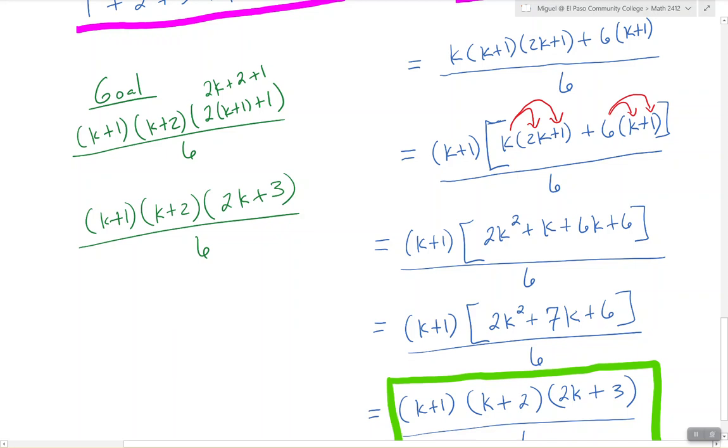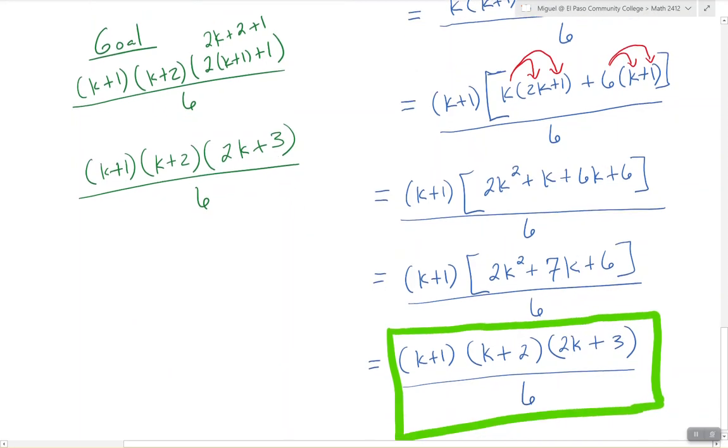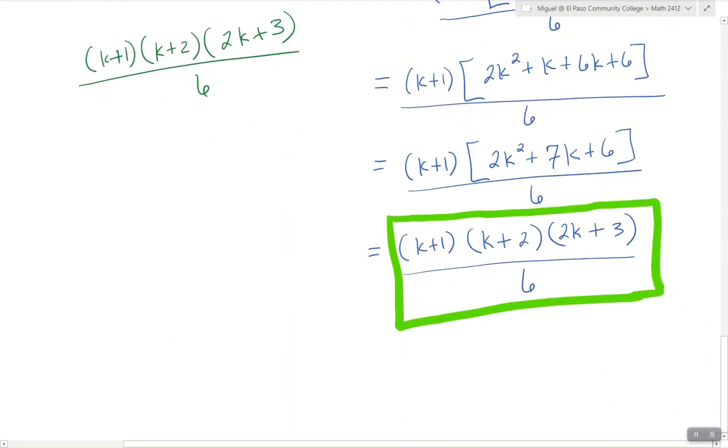All right, let's try one that looks a little different. This is proving not a sum, but a property. Let's jump to example 5.